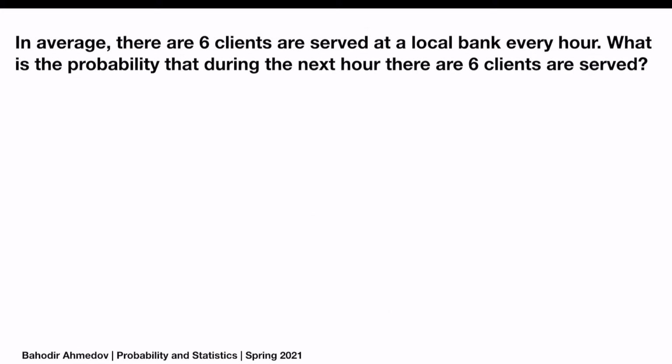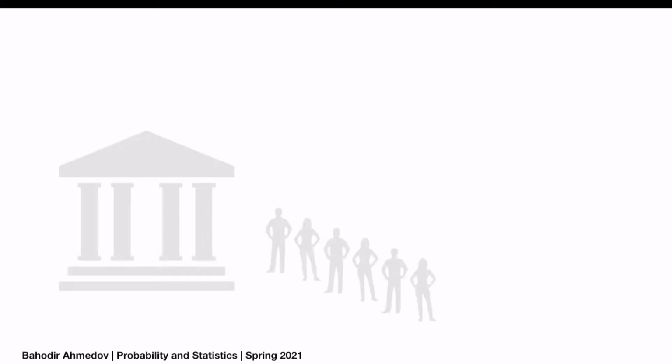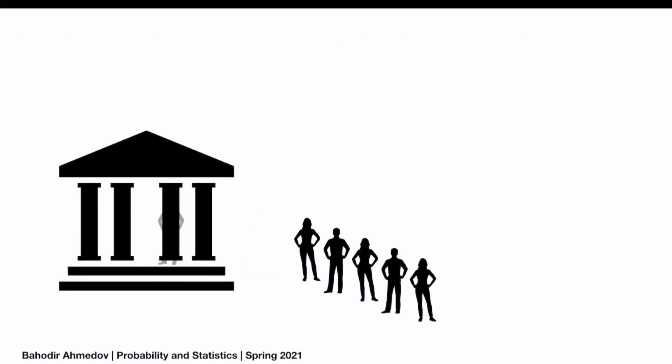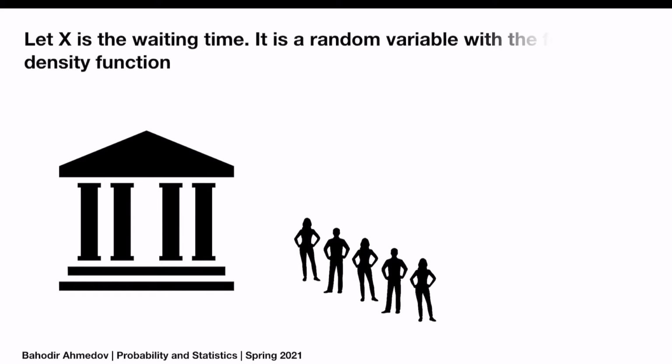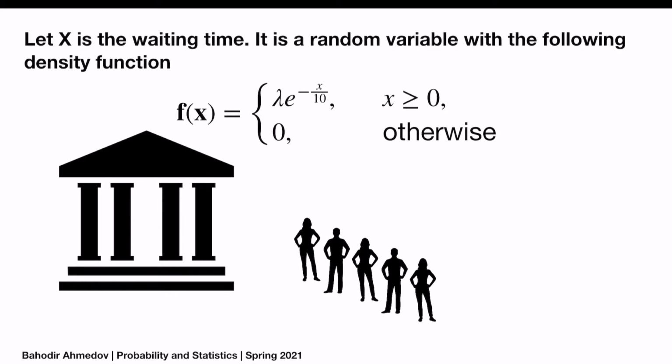So let's assume now that the first person came into the bank and she is now going to wait for her order while the first client is being served. What I would like to know is how much time she's going to wait. The time she's going to wait is a random variable, right?